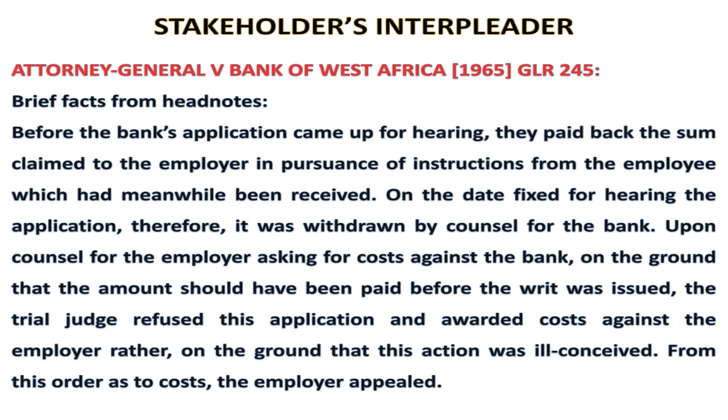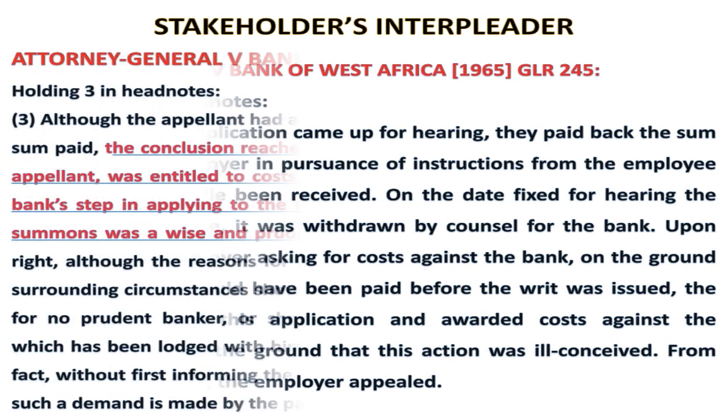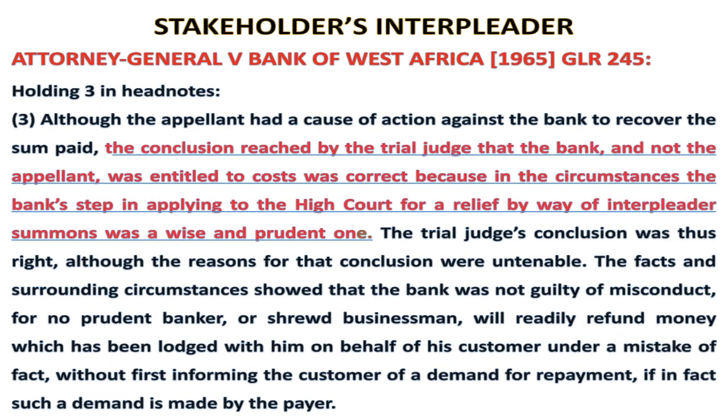What does the bank do? The bank also applied for interpleader summons, stakeholders interpleader. That, well, the customer and the employer should come and fight, and let's see who it belongs to. The court held that the action taken by the bank was a wise and prudent one. And so that affirms what we call stakeholders interpleader.